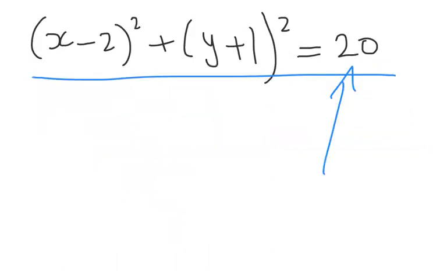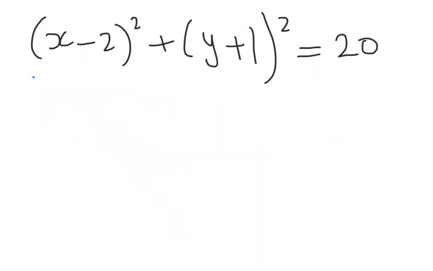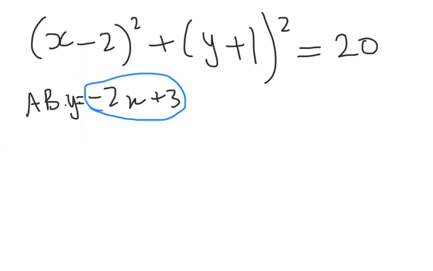So what I'm going to do now: there's the circle's formula, then I have the line's formula, which is AB, y equals minus 2x plus 3, and I'm going to substitute. I'm going to substitute this whole y equals minus 2x plus 3, this y part, into there.